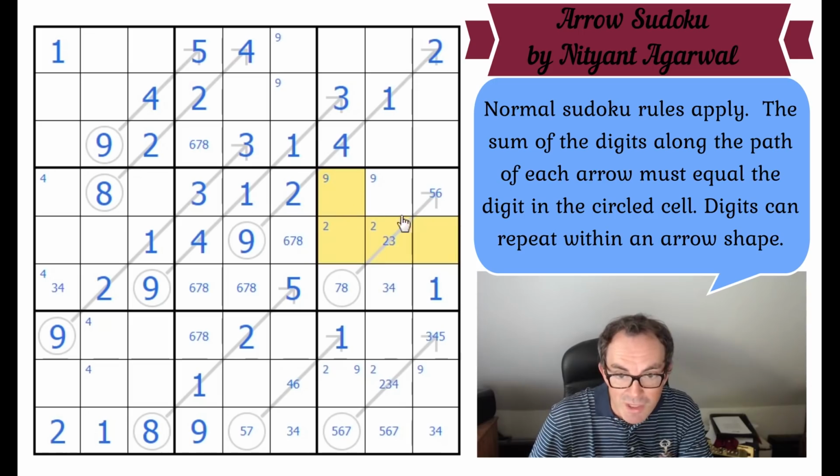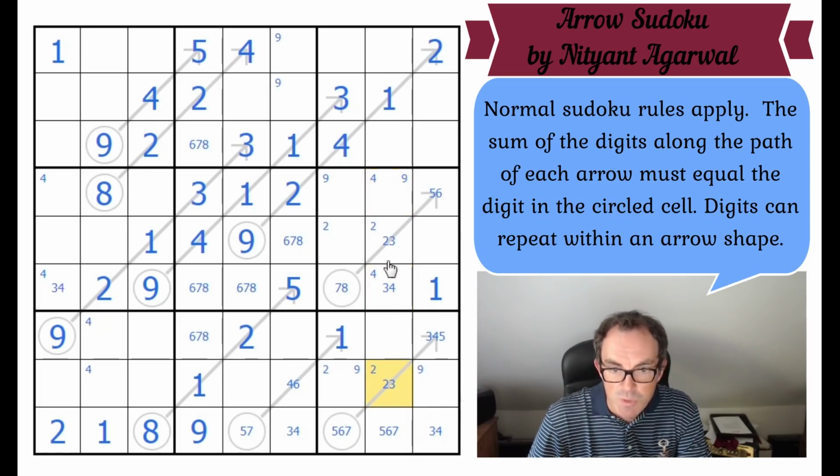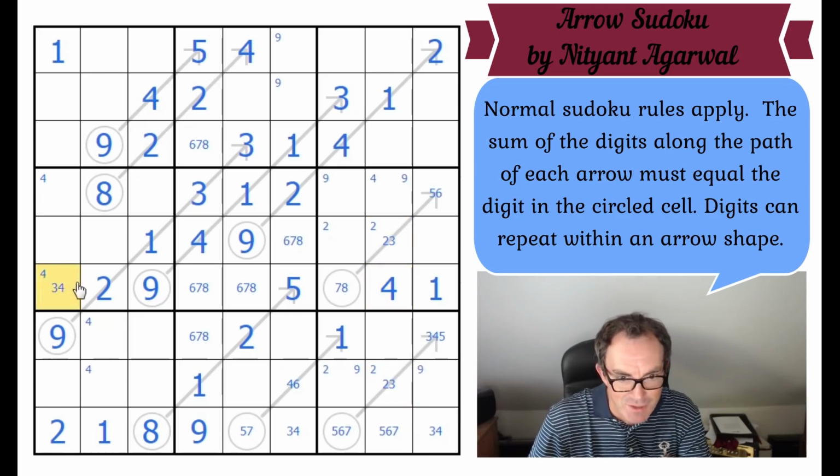Now where does 4 go in this box? Because of this 4, and the fact I can't put a 4 here, and this 4 is locked into the column, which means there's no 4 there. Which means I've got a 2-3 pair, and that means that's a 4. That's a 3. That's a 4 by Sudoku.